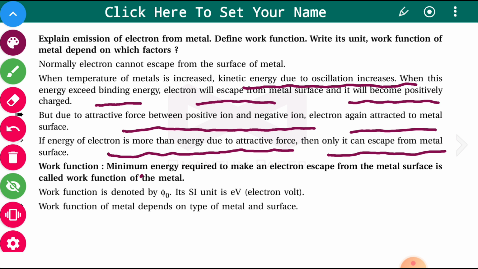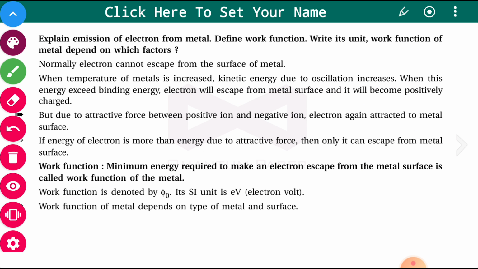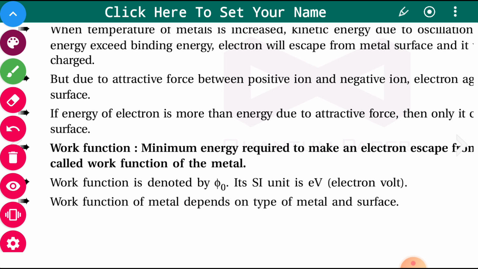So the minimum energy which is required to make an electron escape from the metal surface is nothing but the work function of the metal, and the work function of the metal is denoted by phi 0 and its unit is generally electron volt, and this work function depends on the type of metal and the surface of the metal.